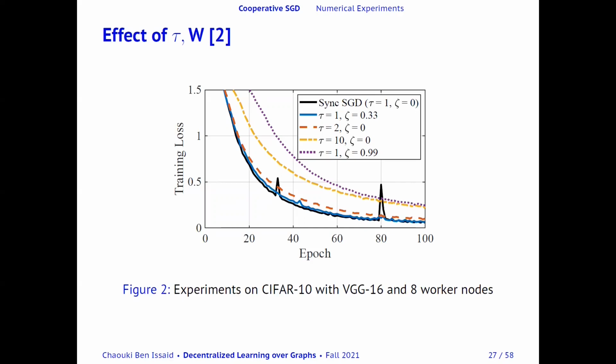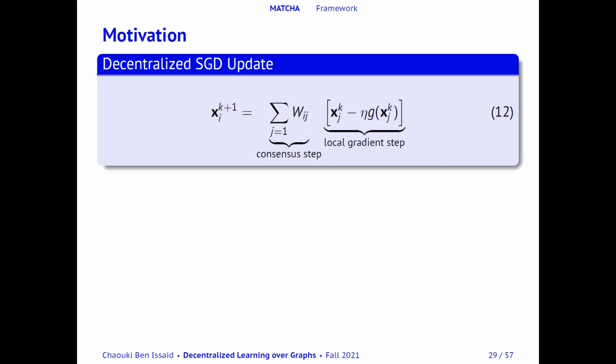Now we move to the next section, where we will discuss another way of improving communication efficiency by explaining the MATCHA algorithm. MATCHA proposes a clever way to reduce the communication cost of vanilla decentralized SGD.